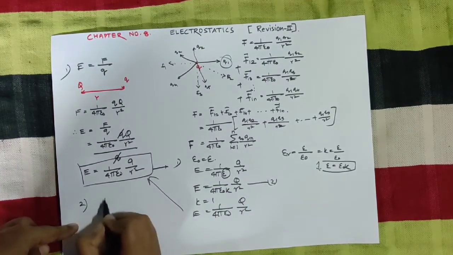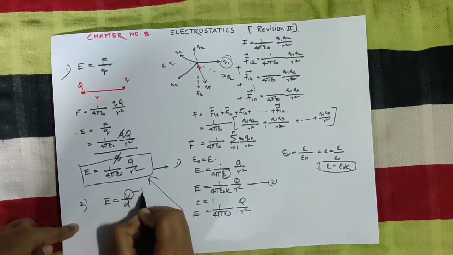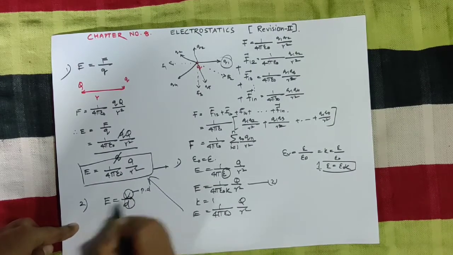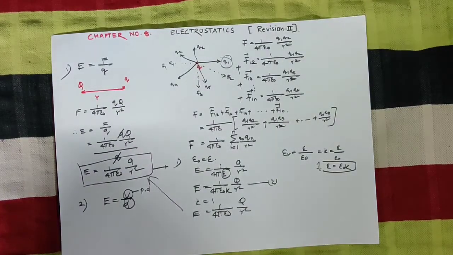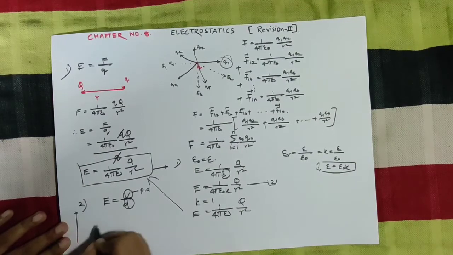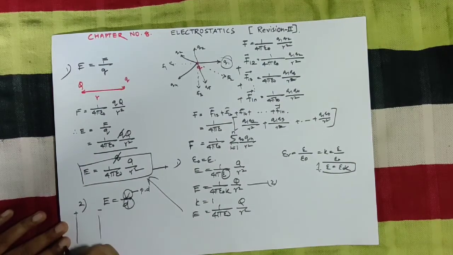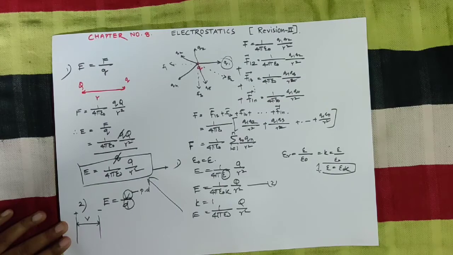Here V is called the potential difference and d is the distance between two charged plates, or two parallel plates having positive and negative charges. Look here, suppose this is one plate having positive charge and this is another plate having negative charge, and the distance between the positive and negative plates we represent by d.